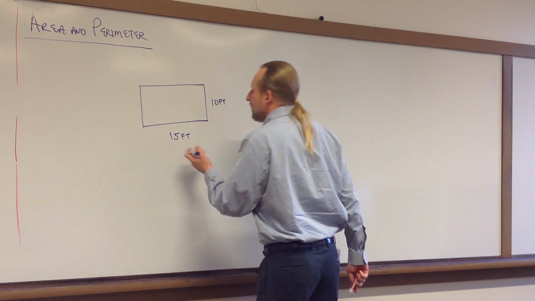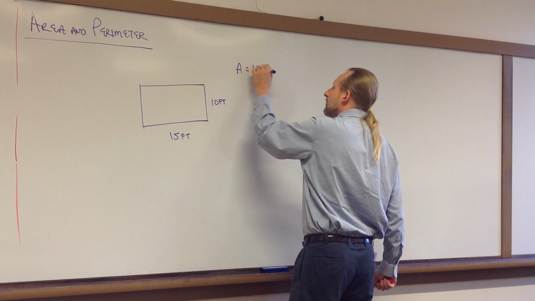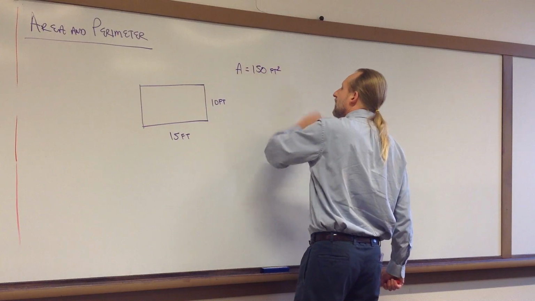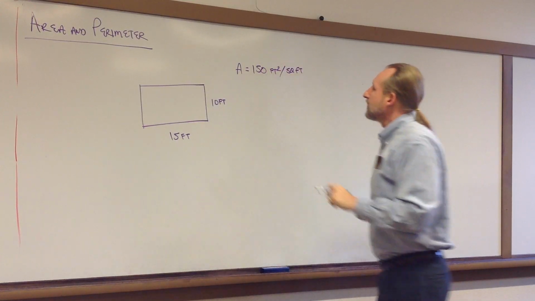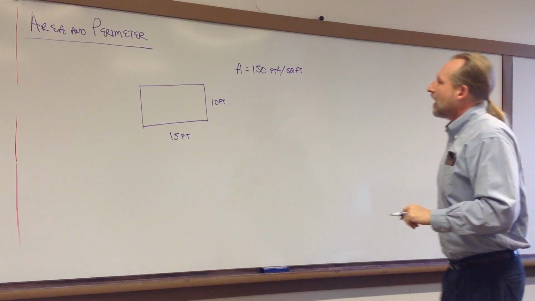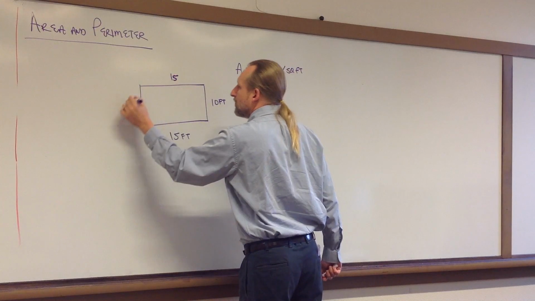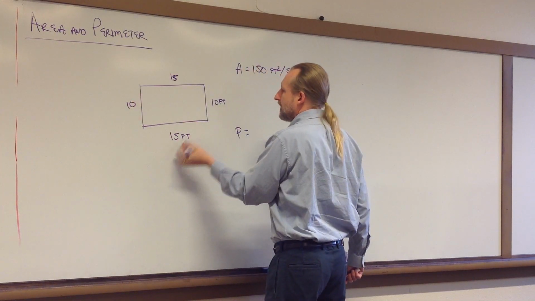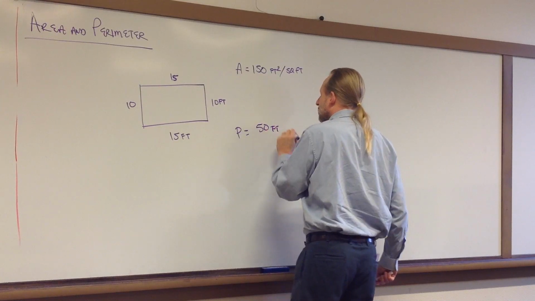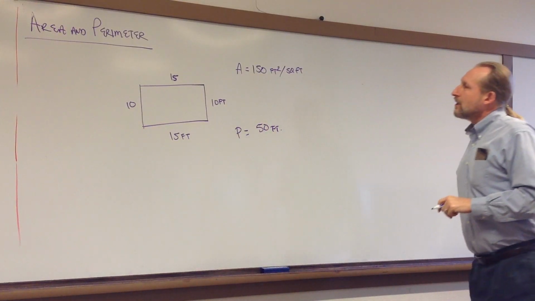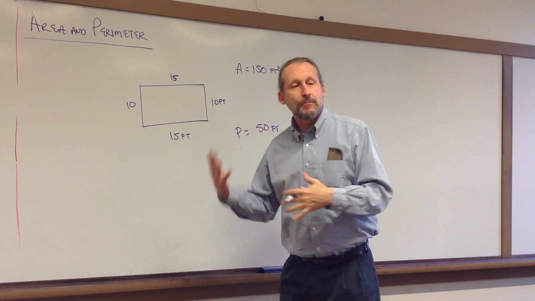So our area here would be length times width, 150 square feet, or you can call it square feet like that. Either way is fine. Perimeter in linear feet is going to be 15, 30, 40, 50. 50 feet. So there's the ideas of area and perimeter.